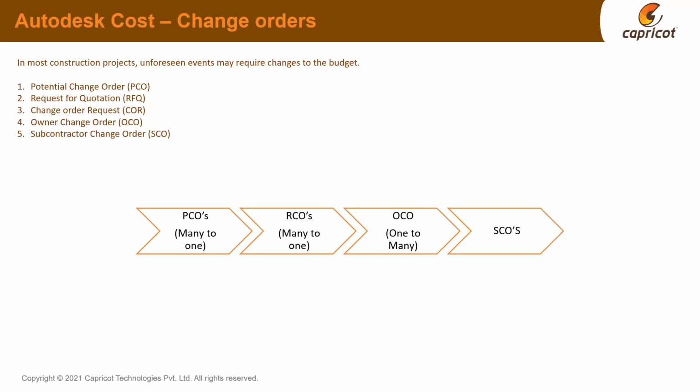Let's say there is a discussion that this might be a change order. So we put that information under potential change order. We ask for quotations from our vendors, and then we put it as an ordered change order, or the owner's change order, or the subcontractor change order, depending upon the situation, the site and the issue.